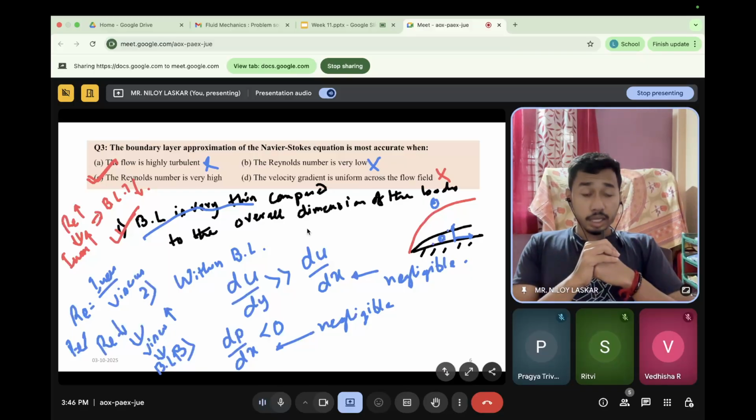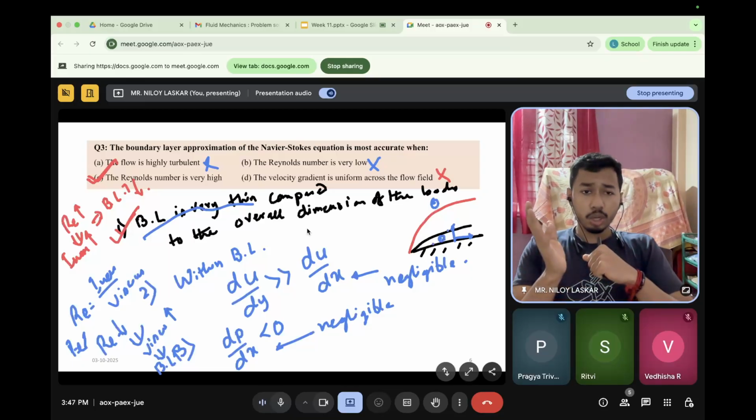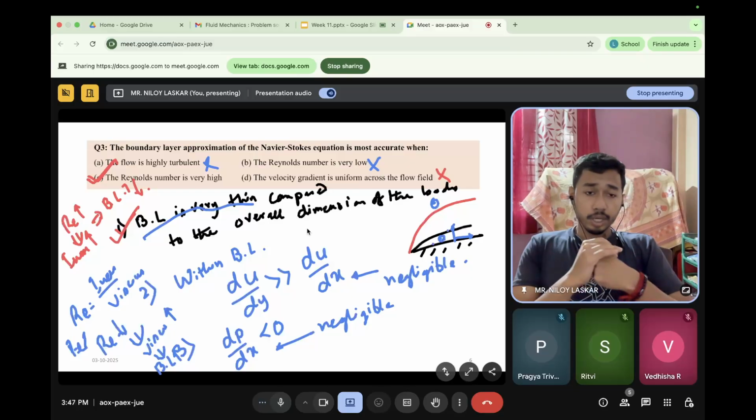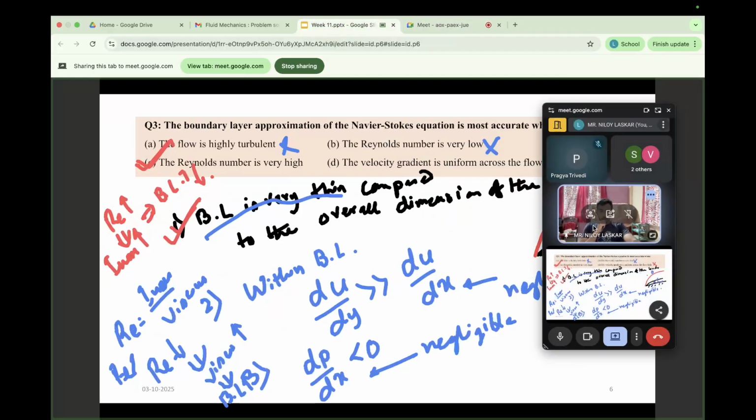The third is that there is negligible pressure gradient inside this boundary layer. Outside there can be much more pressure, but that is not our point of dealing. So the correct answer is option C, the Reynolds number is very high. I hope you understand this.